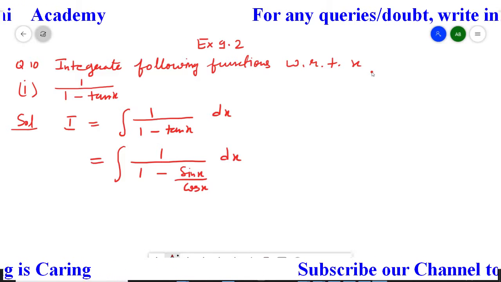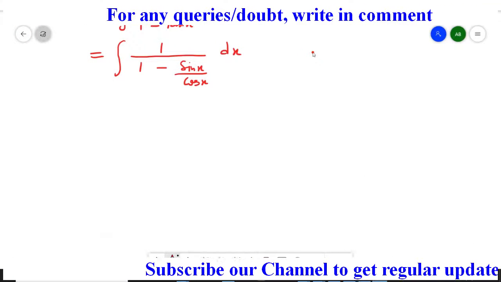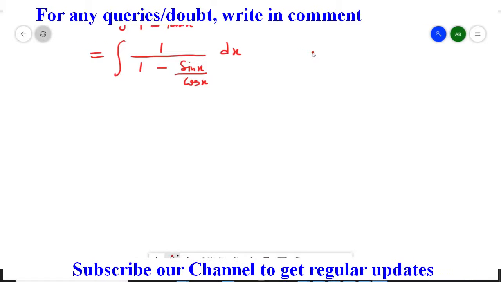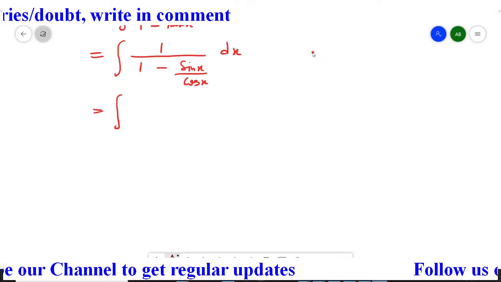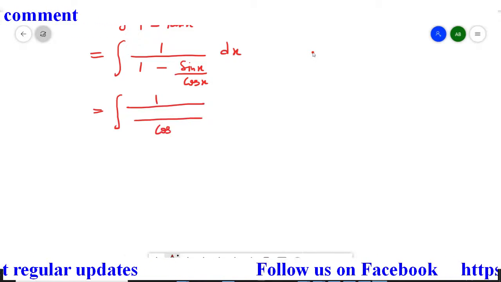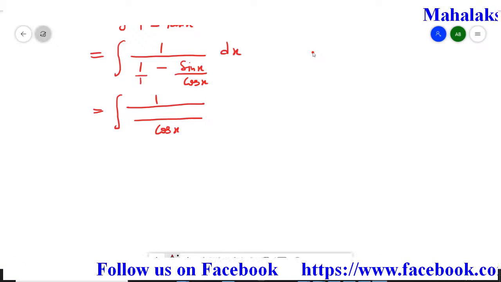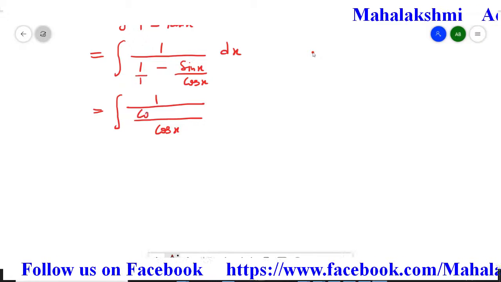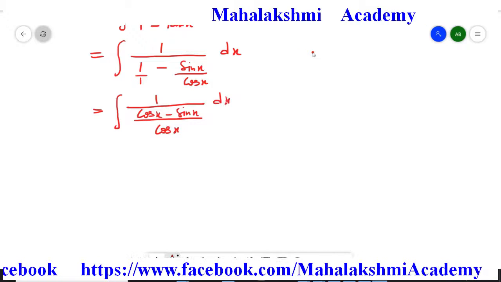The LCM in the denominator is cos x, and here nothing is there, so 1. After the LCM, what is going to come here? Cos x minus sin x, and then this dx as it is.